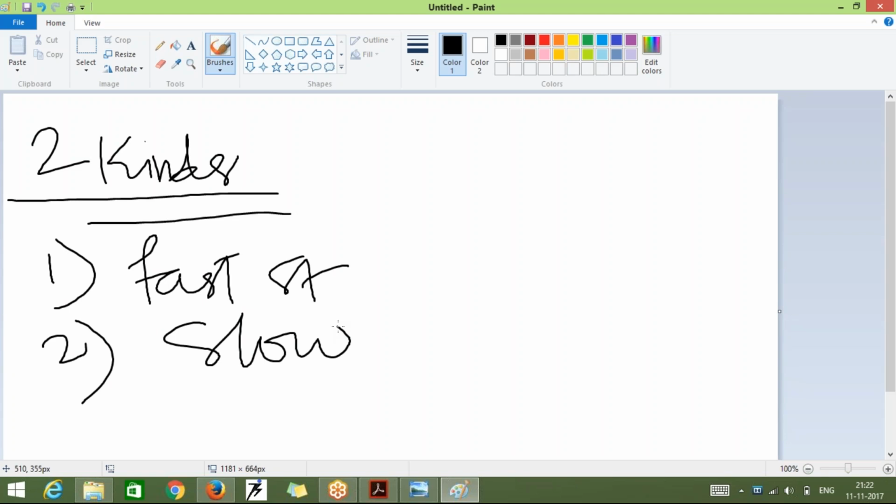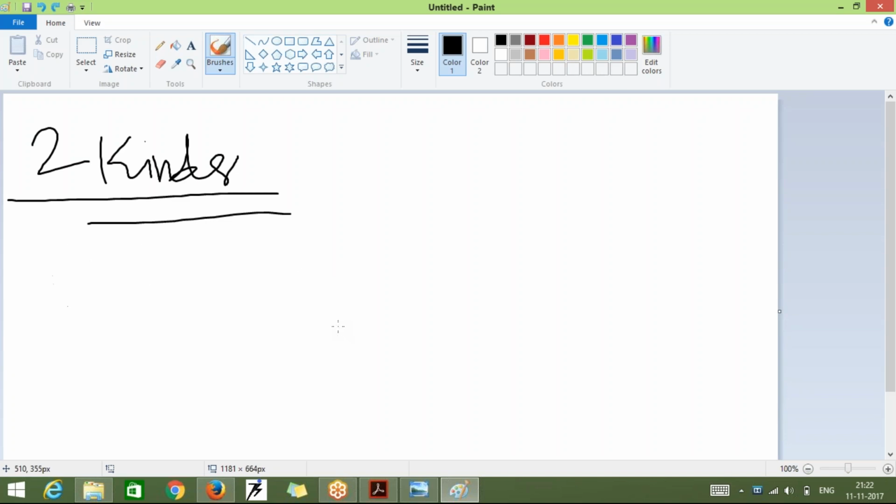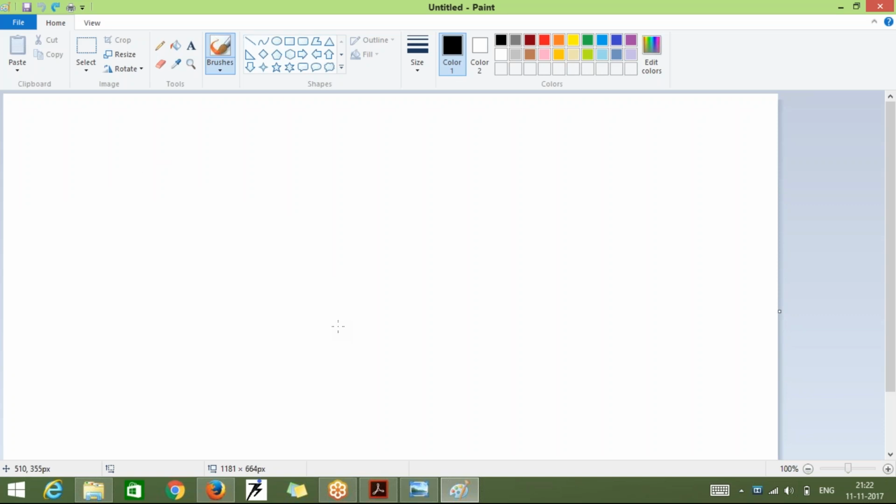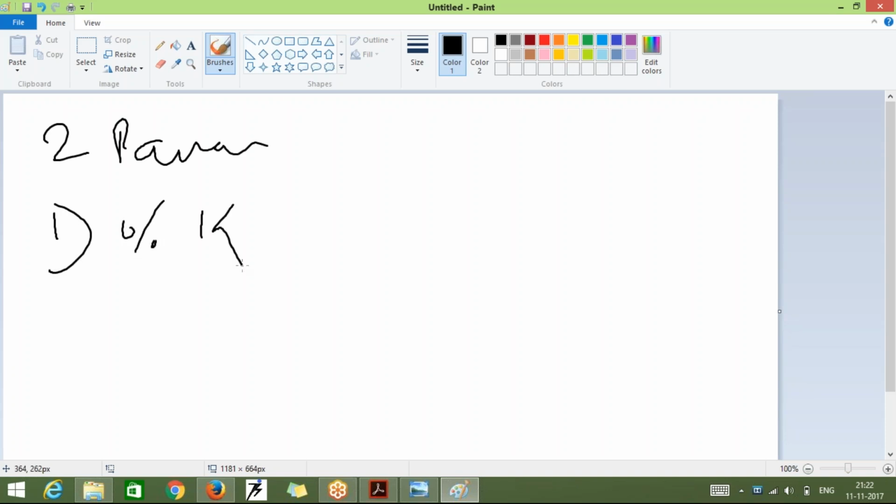Now coming to fast stochastic, again, there are two parameters involved in that. One is percentage K and the other one is percentage D.